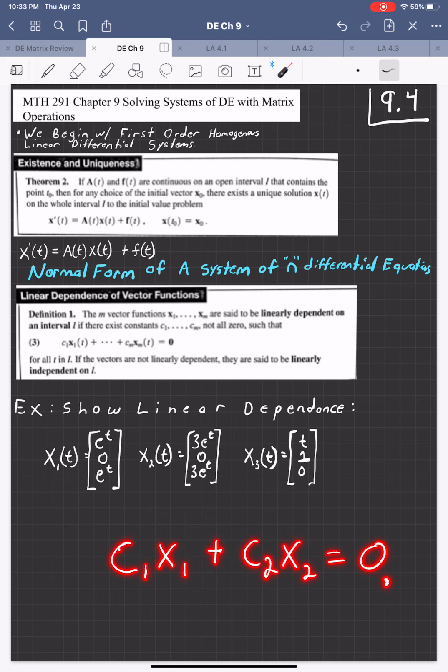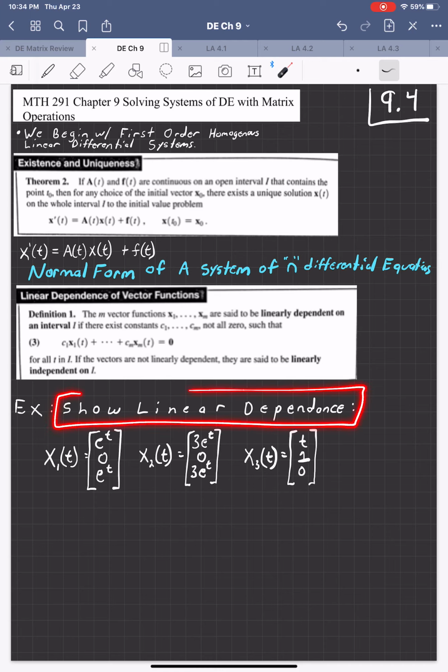Now, if the only way that I can get to 0 is to choose scalars that are 0, then we would say that it's linearly independent. I will come back to that as we proceed. So right now we want to show linear dependence.